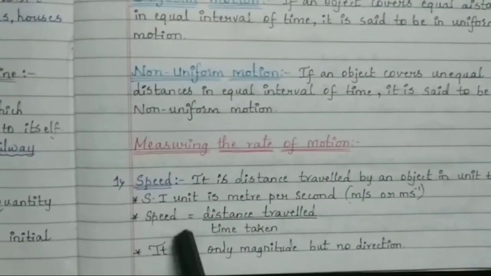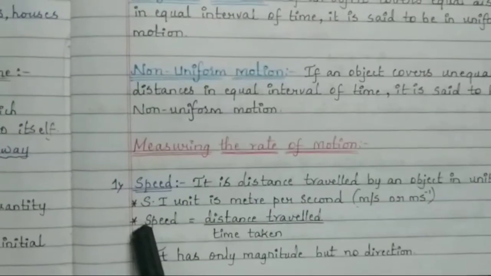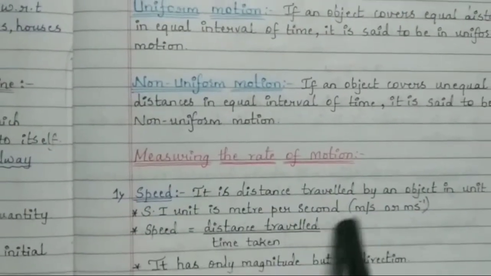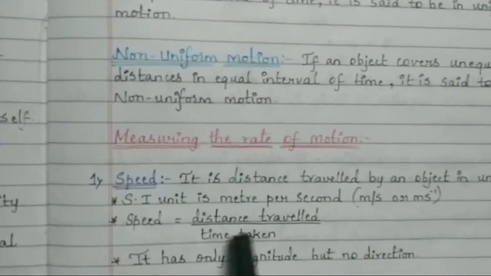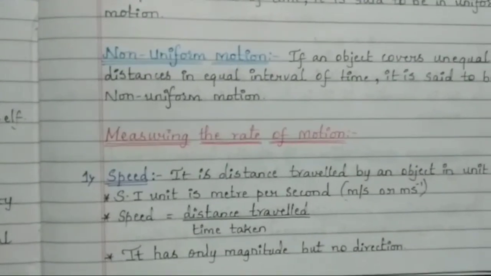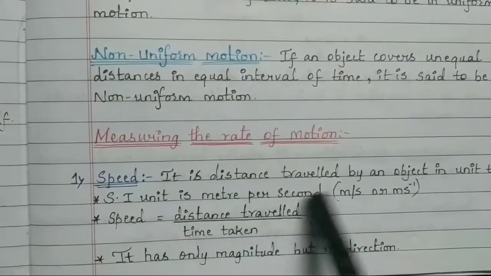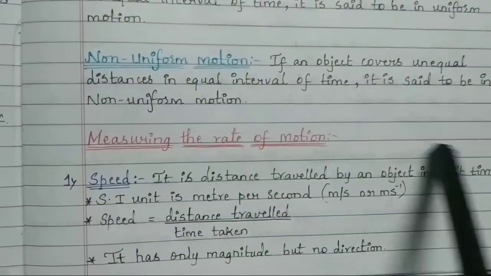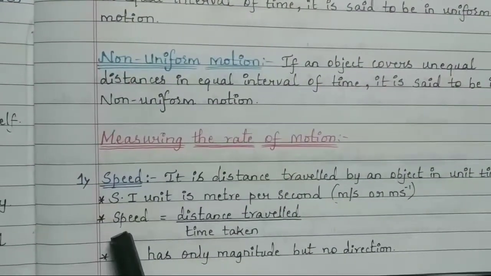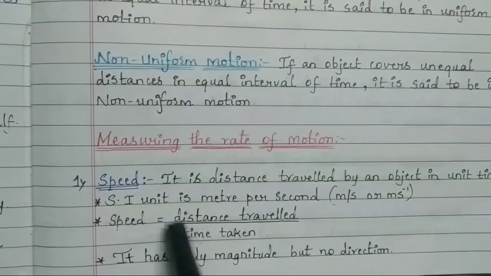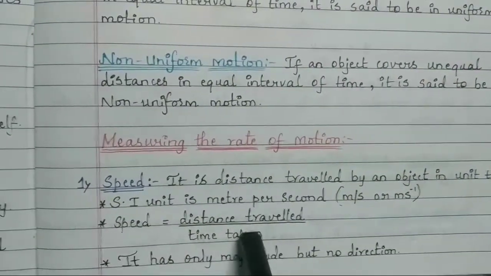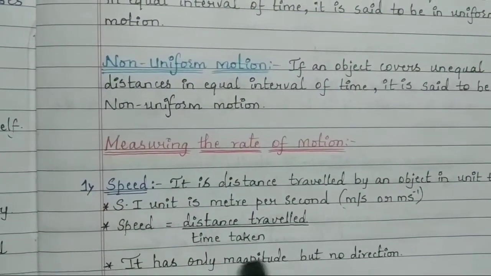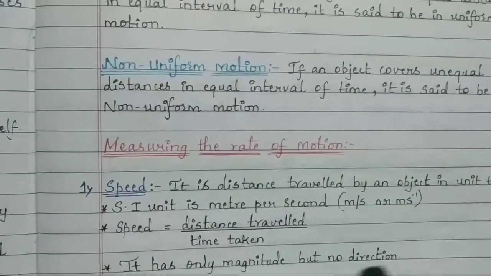You can write the formula for speed as speed equals distance traveled divided by time taken, as you can see in its definition, that is distance traveled by an object in unit time. And you know that it has only magnitude but no direction.